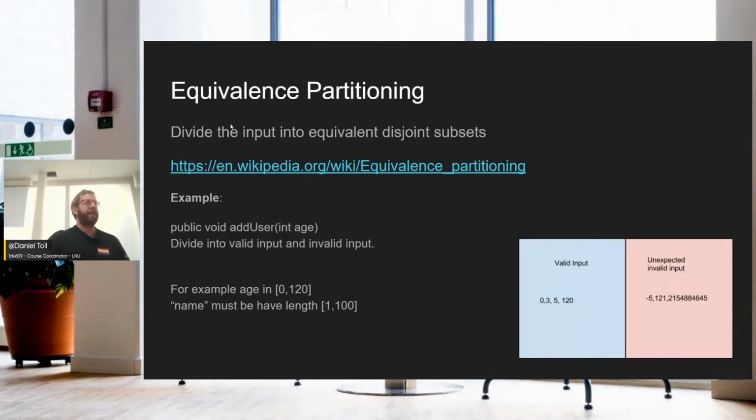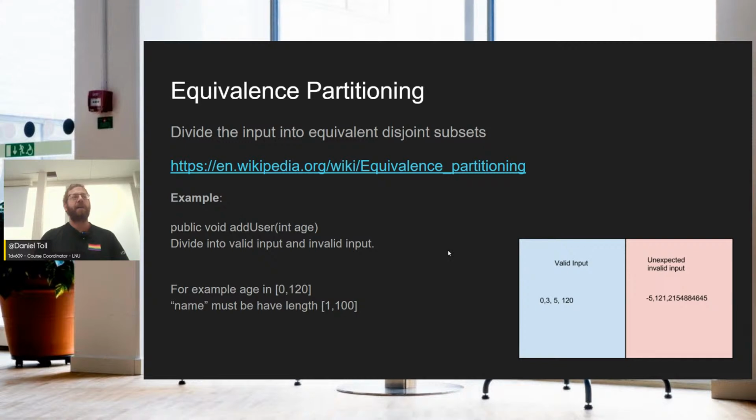I want to go back to the definition of this one, because I usually give questions on the exam on definitions. It says to divide the input into equivalent partitions.